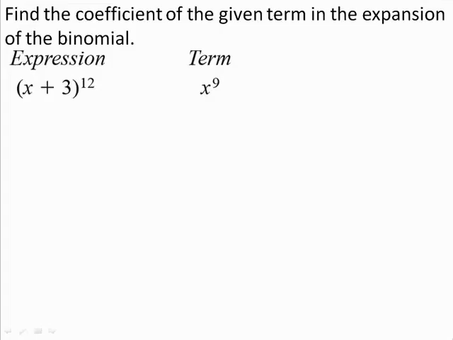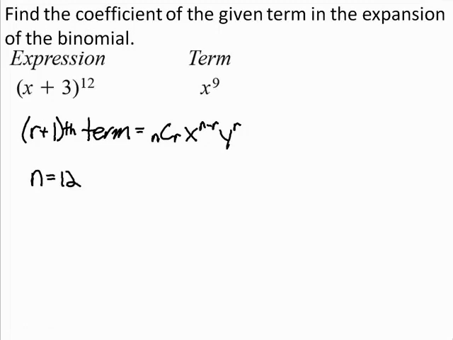Find the coefficient of the given term in the expansion of the binomial. The expression is the quantity x plus 1 raised to the 12th power, and the term is x raised to the 9th power. The r plus 1th term in a binomial raised to the nth power is nCr times x raised to the n minus r power times y raised to the r power. The expression is raised to the 12th power, so n is equal to 12.